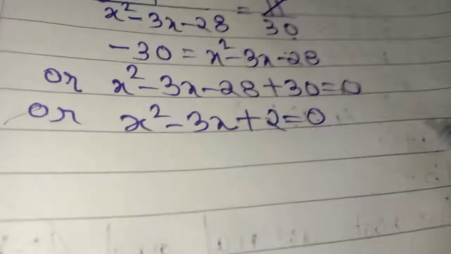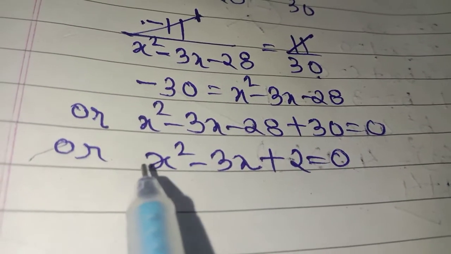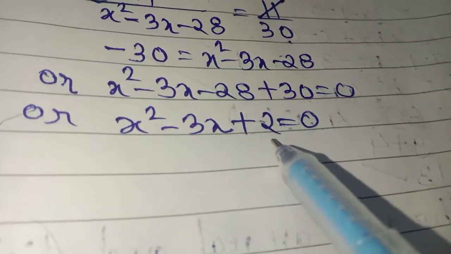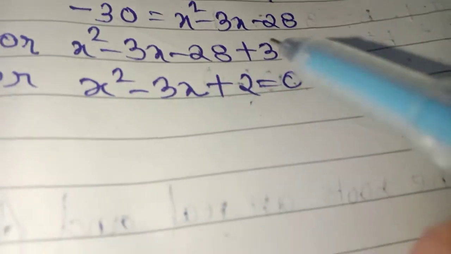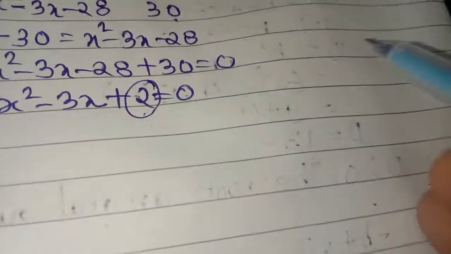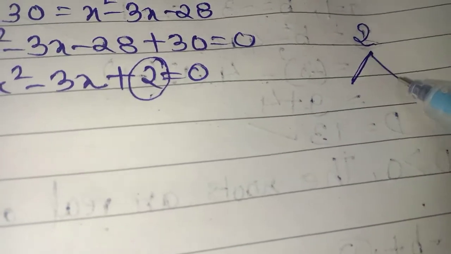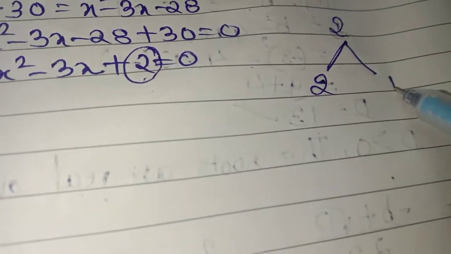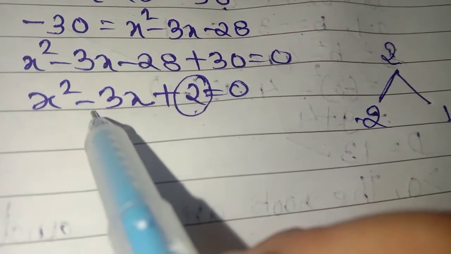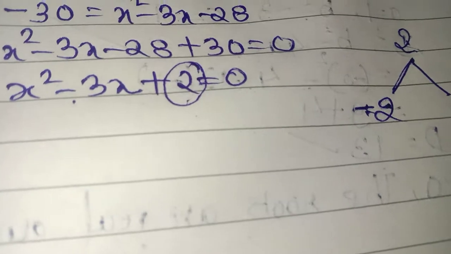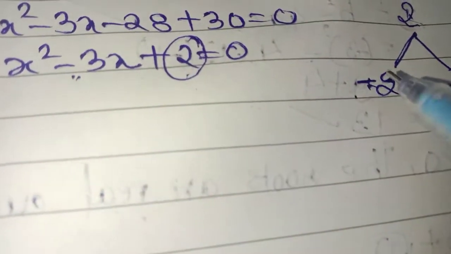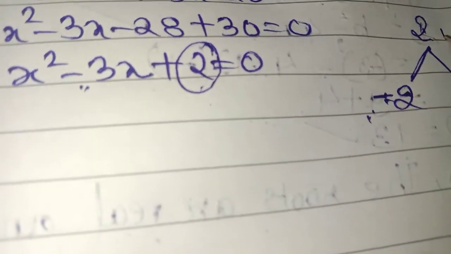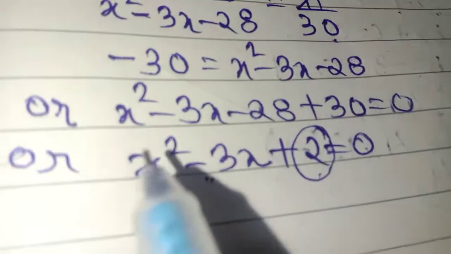Now we have to identify whether the given equation is to be solved by the formula method or the splitting method. So see, it is 2 given here. For 2, 1 twos are 2, but we have to bring here minus 3, so it is minus 2 and minus 1. Minus 2 and minus 1 will give you minus 3, and minus 2 into minus 1 will give you 2. Clear?